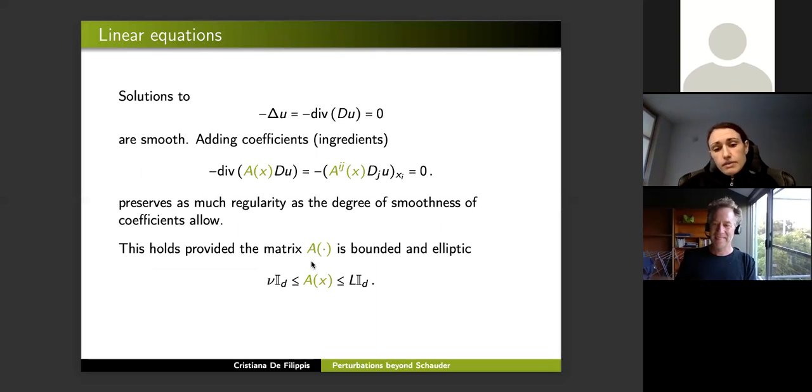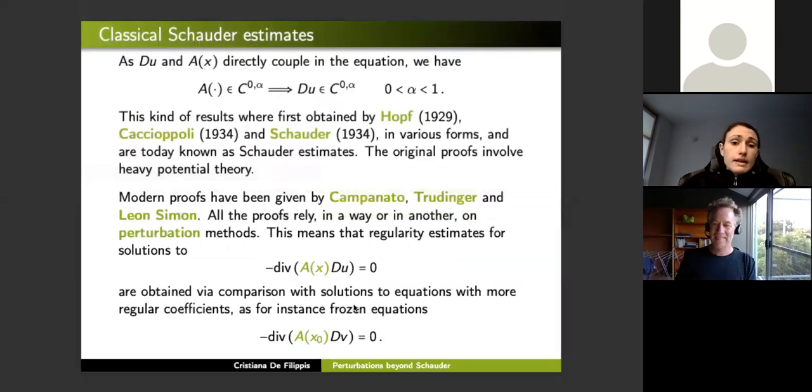Here A is expected to be bounded and elliptic in this sense. Now, what turns out, and this is classical, is that if A is Hölder continuous, then the gradient is correspondingly Hölder continuous.